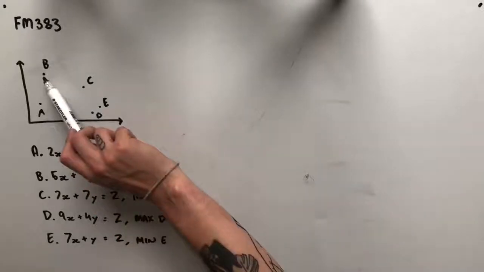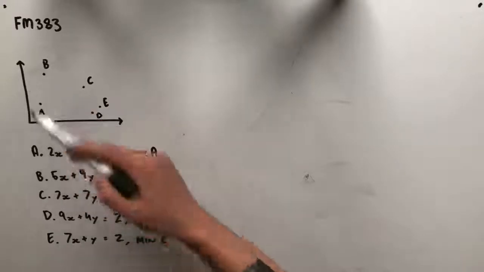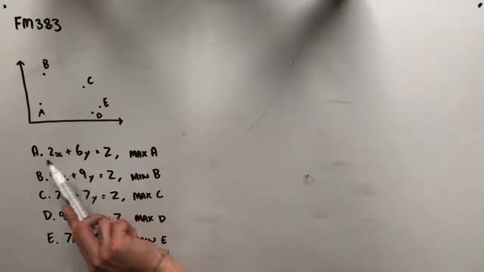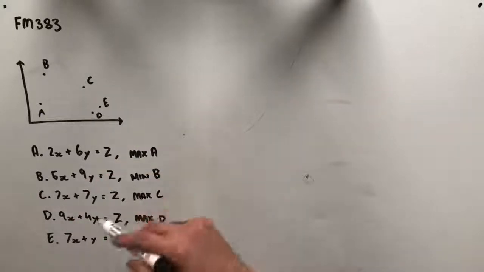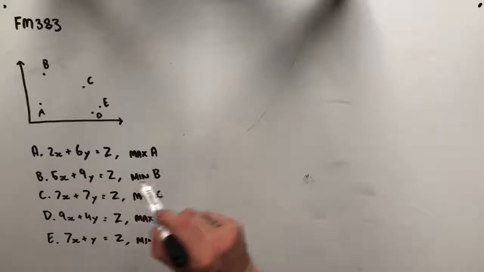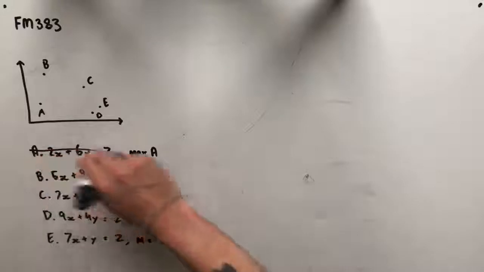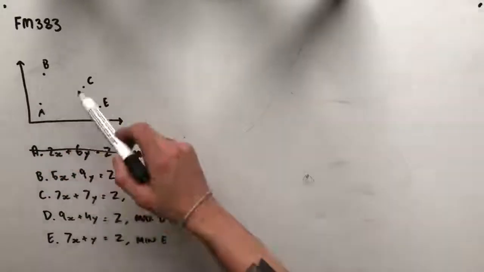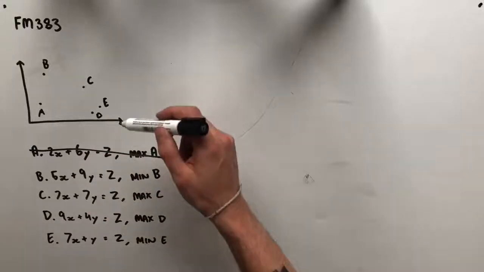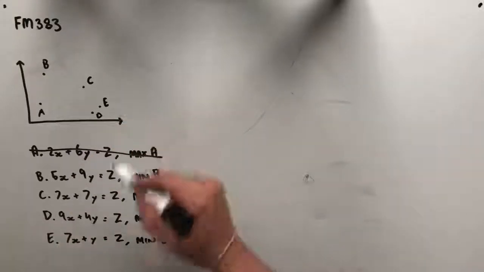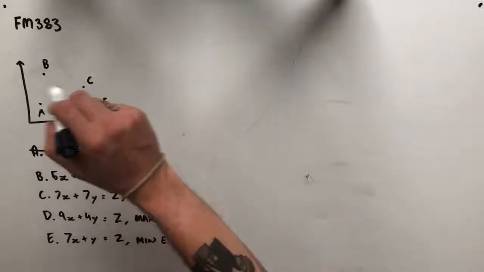Meaning that B is always going to have a larger value because it has both a larger x and a larger y, and there are no negatives involved, so the larger number doesn't reduce the overall value. So our chance of having a maximum at A, given this equation, is none, because B has a greater x and y, C has a greater x and y, E has a much greater x, not quite as high on the y, and D has a much greater x, once again lower on the y. It's highly likely that the maximum is going to occur at either B or C.